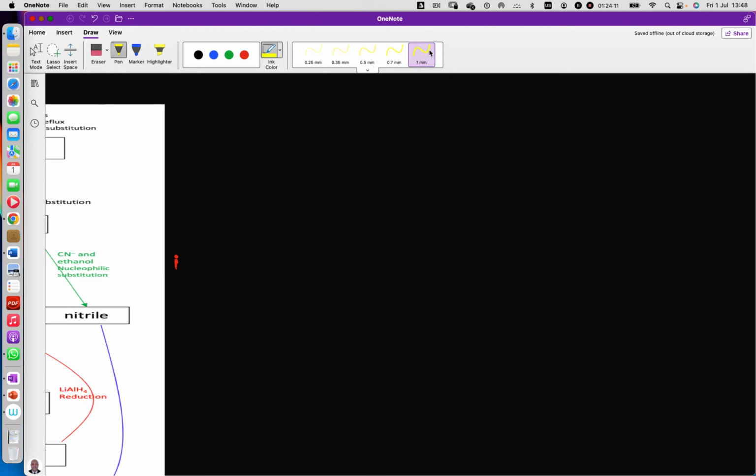Let me use methane, CH4, as the example we are going to deal with. Methane, CH4, plus chlorine, will undergo reaction under UV light.